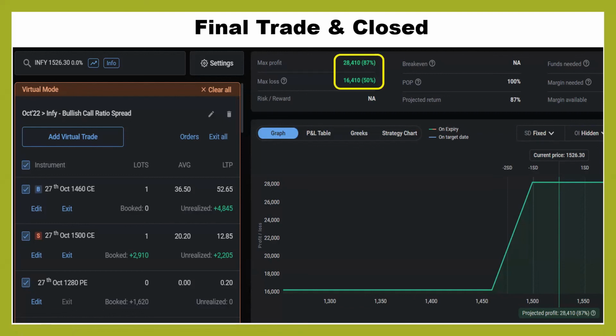What I have done, I was just holding 1460 call buy, 1500 call sold, only one. What is this called? Now this is called a bull call spread. I entered a bullish ratio call spread and ended up with a bull call spread. This is called a lossless bull call spread. Do you see it in the payoff graph?